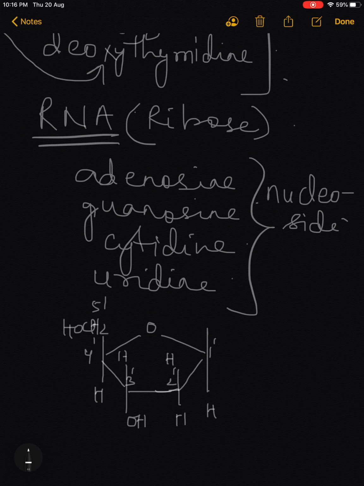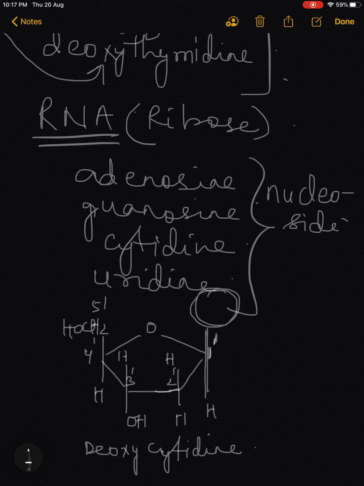Now this is deoxycytidine. If it has to attach with cytosine, it will attach here on the 1 dash end. So it will attach here on the 1 dash end. Clear?